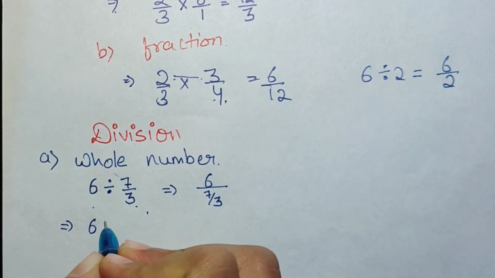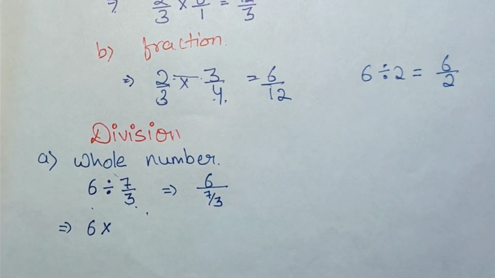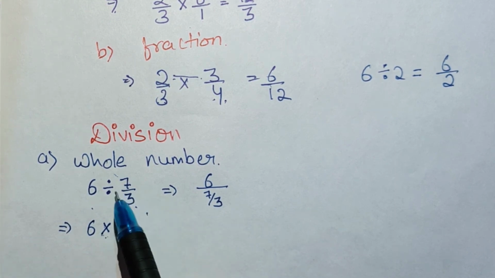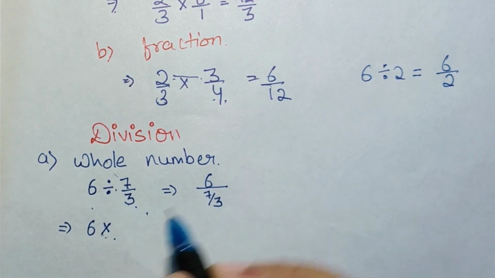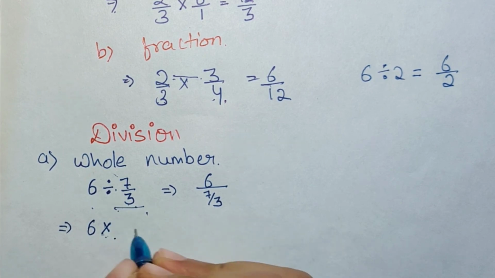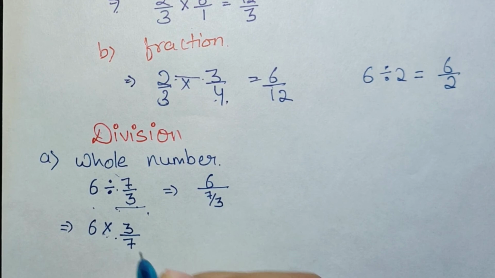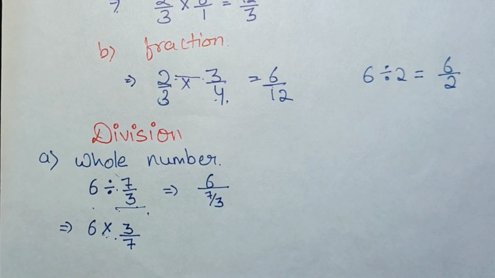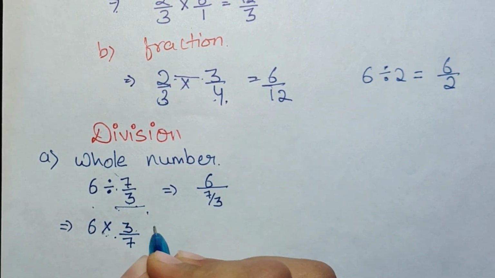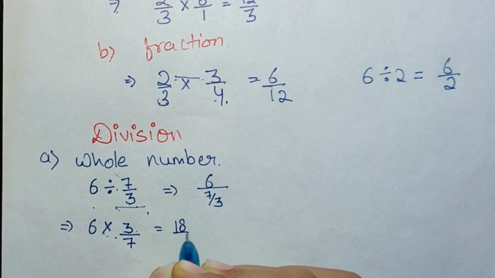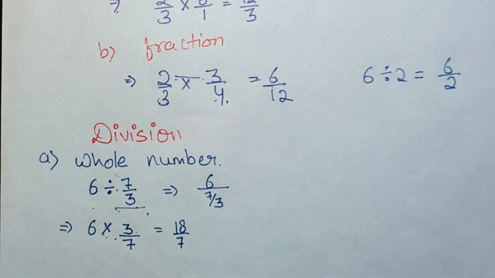So I'm changing this sign here, but keep in your mind whenever you will change this sign from division to multiplication, you have to reciprocal this fraction. Reciprocal of 7 upon 3 will be 3 upon 7. So 6 3s are 18 upon 7. I think now it is clear to you.